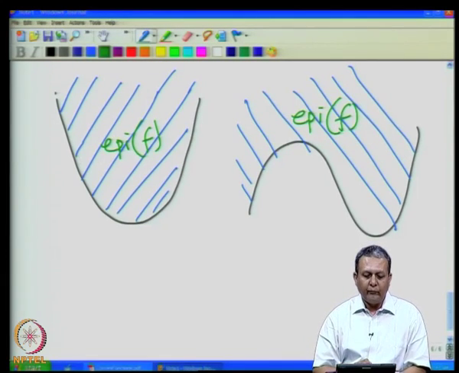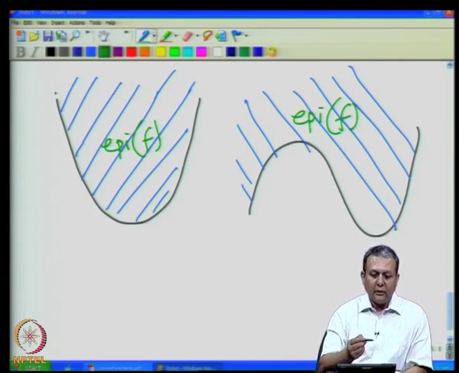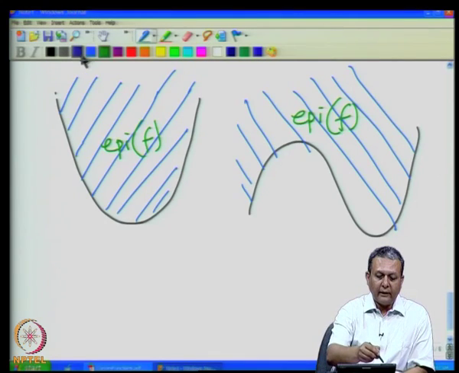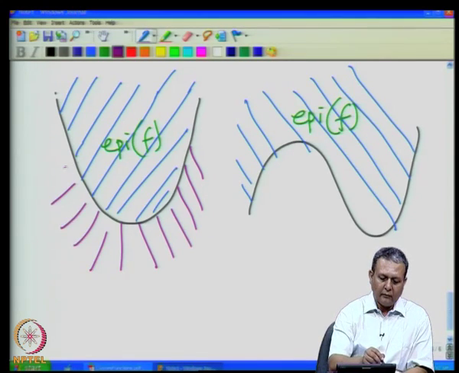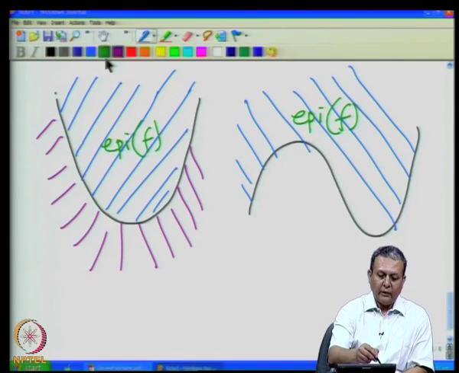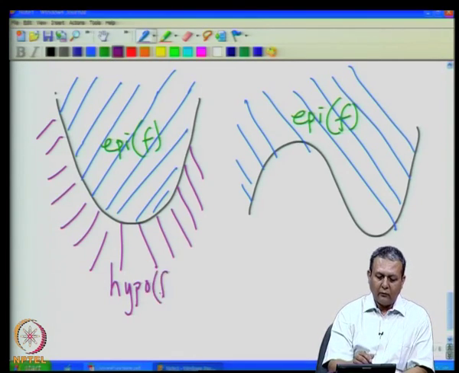Now, along similar lines, one can also define, if we take the points which are below the function, then that is called the hypograph of the function.